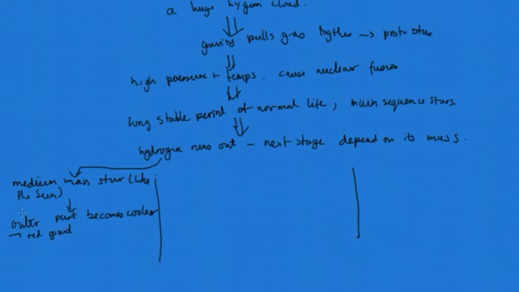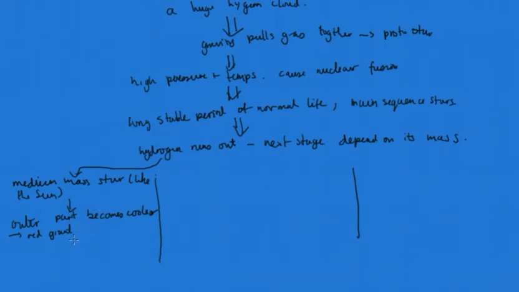And a red giant, the outer part expands out. So when the Sun enters into its red giant phase, it's actually going to expand into such a size that at that point, if the Earth is still here, the Earth would get enveloped in this massive red giant star and get consumed.